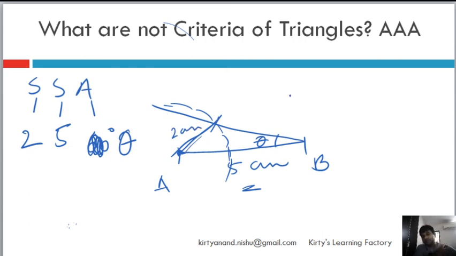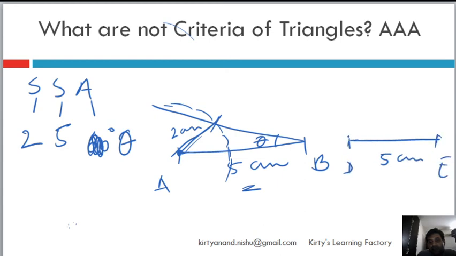Now if I only know that it is 2 centimeter, 5 centimeter, and not the included angle is theta, then theta could also be like this. I draw a 5 centimeter side here, okay, let's call it DE, and then I could draw a 2 centimeter side at an angle theta, and then this angle would have been something else.